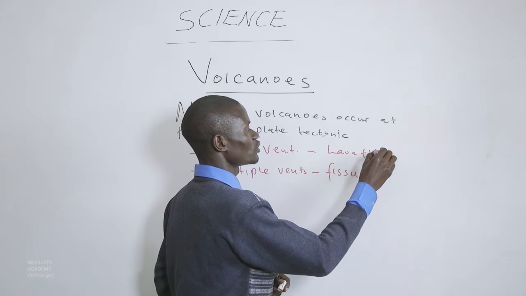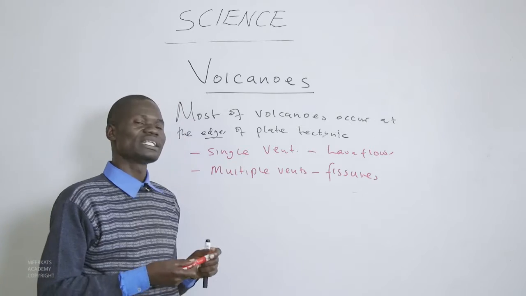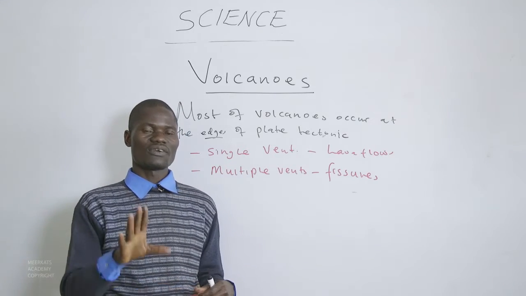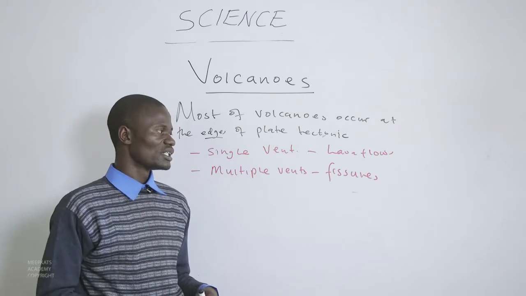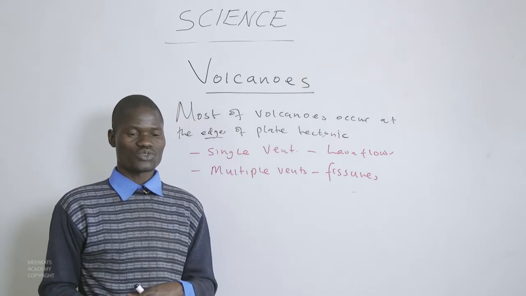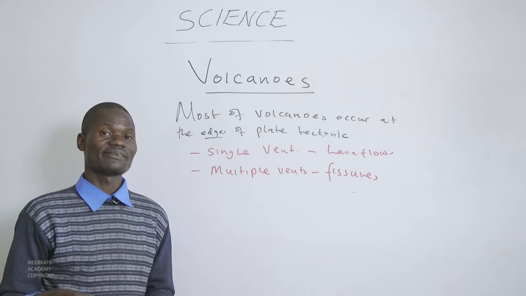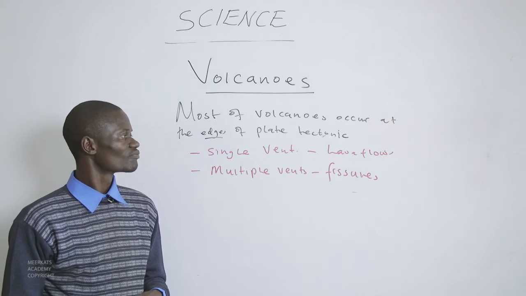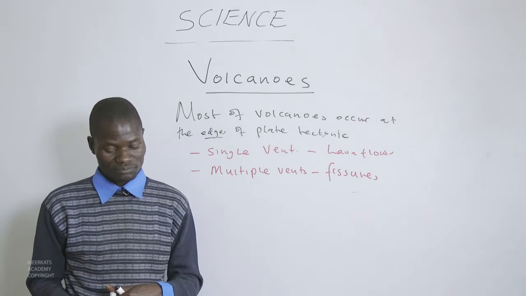When the lava flows over the Earth's surface, it leads to the formation of extrusive landforms. These are found on the Earth's surface. We are able to see them, such as the plug dome. You remember a number of them.